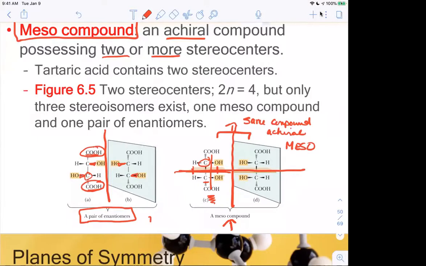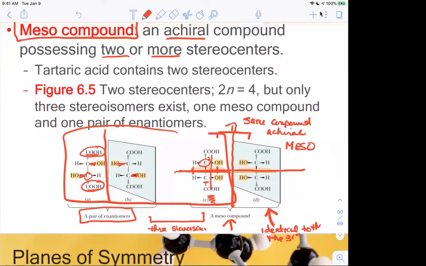So this example only has 3 stereoisomers because this fourth is not a separate compound. It's identical to the third one. So really, I only have 3 stereoisomers because these two, that is meso, which means it's the equivalent.